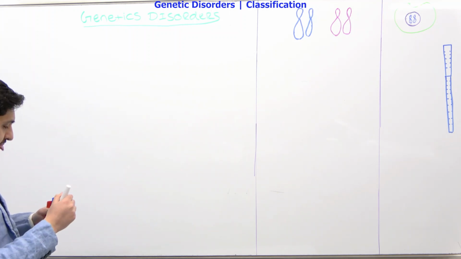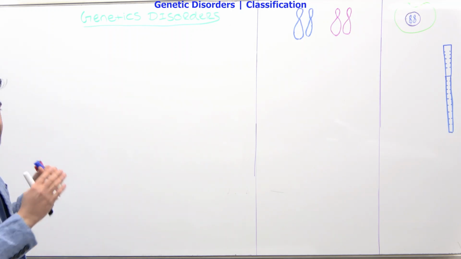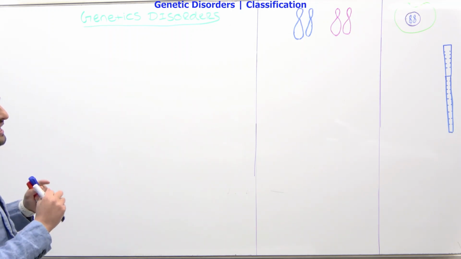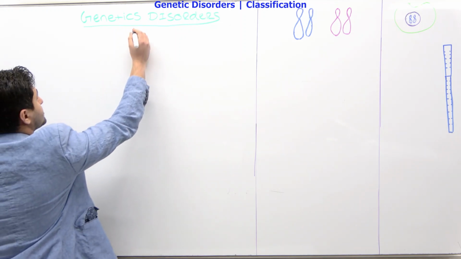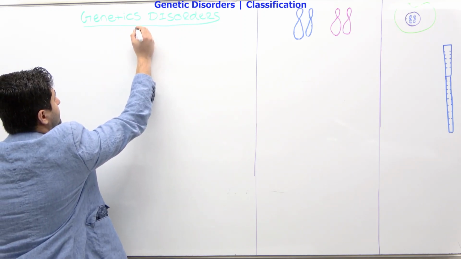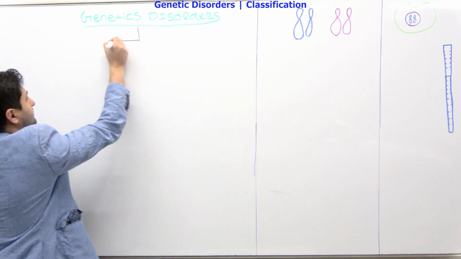If you want to classify these genetic disorders, let's classify them into three categories. This is very important. We're starting from the genetic disorders, so we'll make a diagram like this.